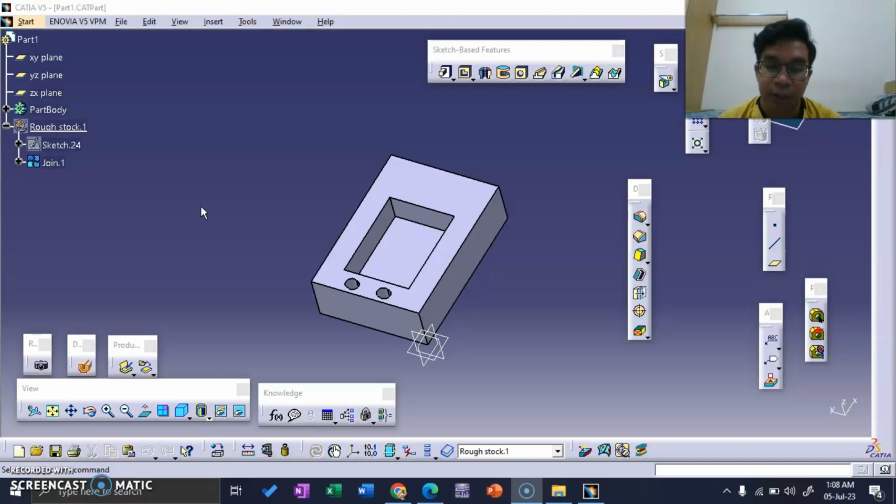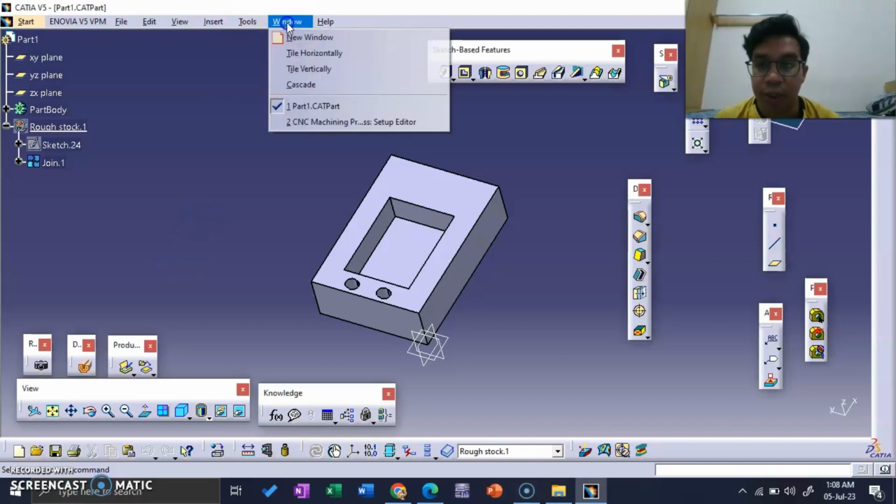Before I start the simulation, for roughing and Z-level parts, the mill D10 RC0 tool is used, and for drilling we use drill bit D5. Now I will start the simulation.